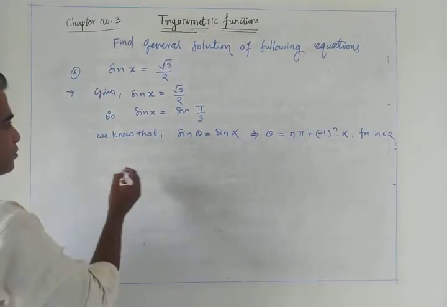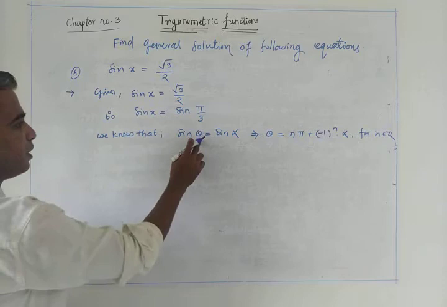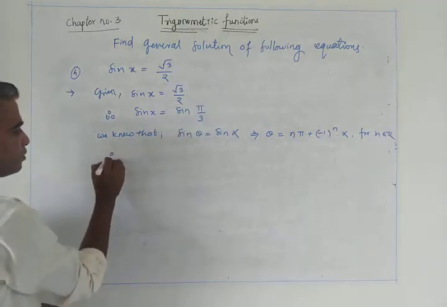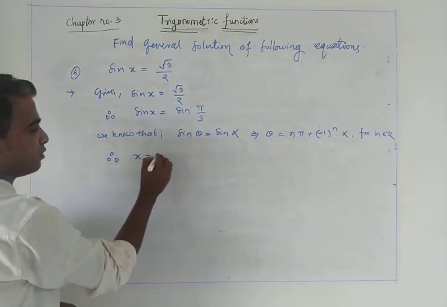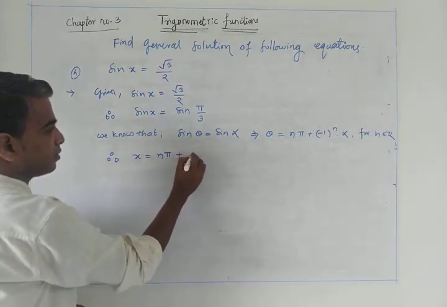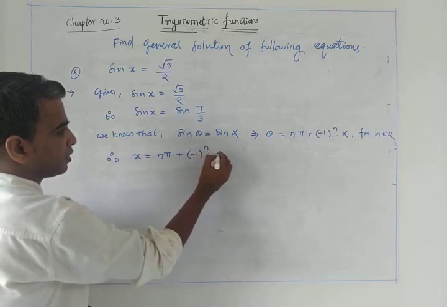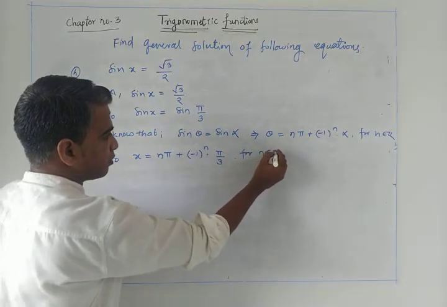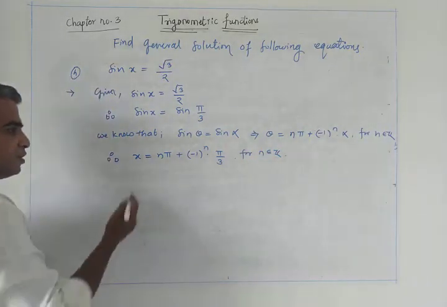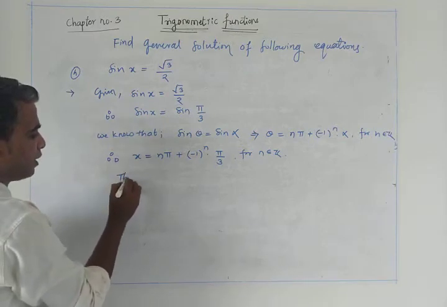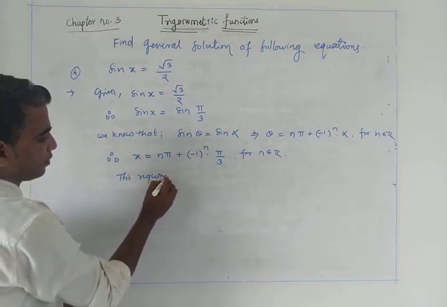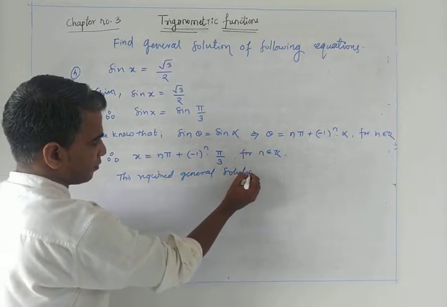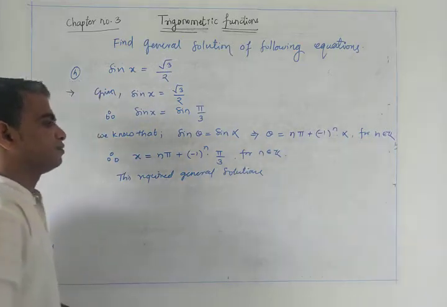Okay, so by using that formula, compare the value: theta is the value x and alpha is pi by 3. So therefore the solution is x is equal to n pi plus minus 1 raised to n into pi by 3 for n belong to z. So here we got the value of x, so this is the required solution.